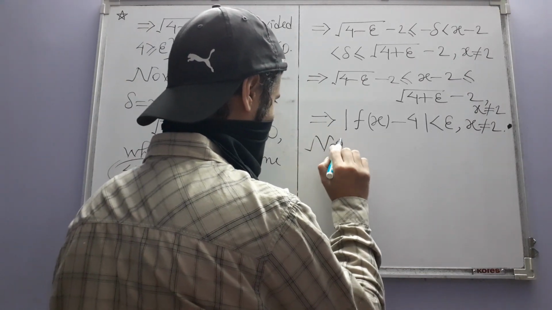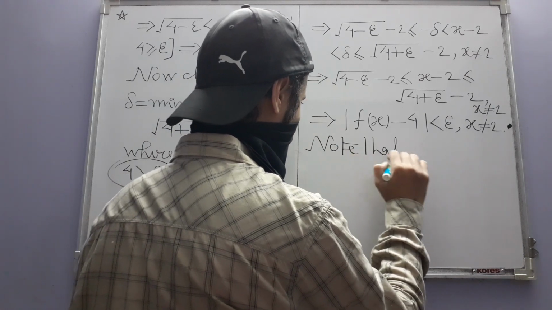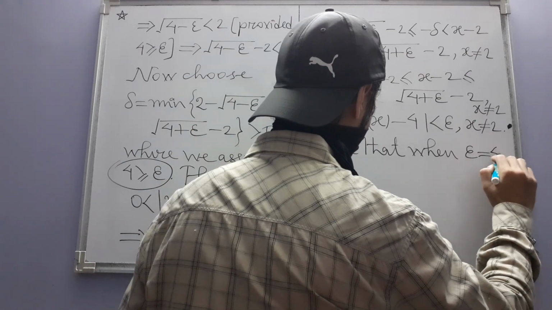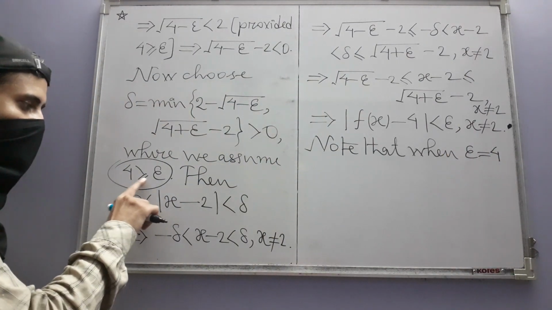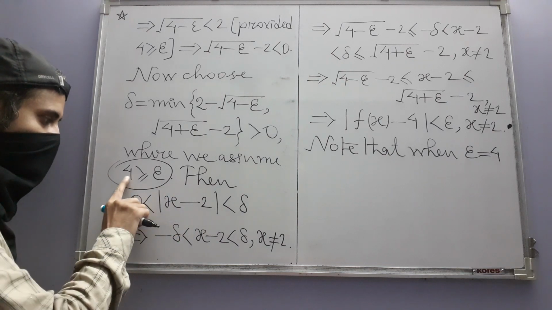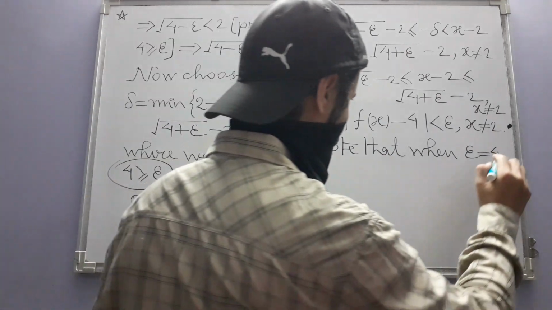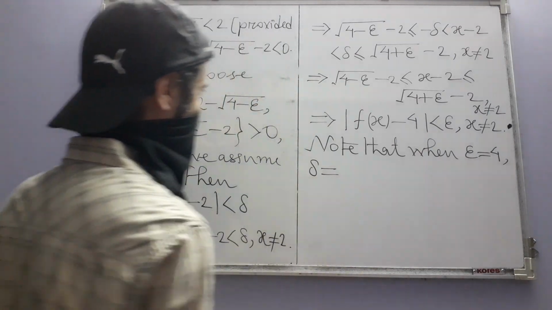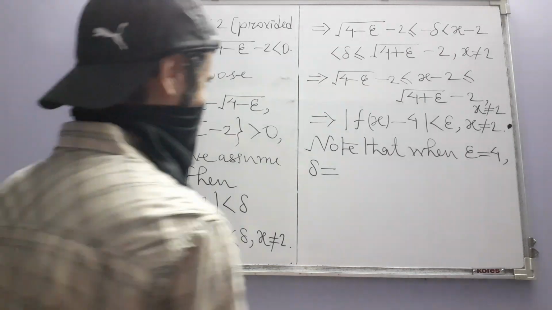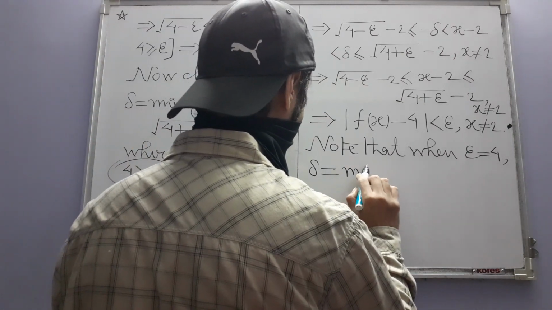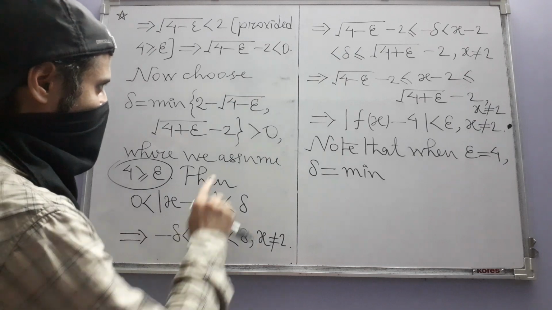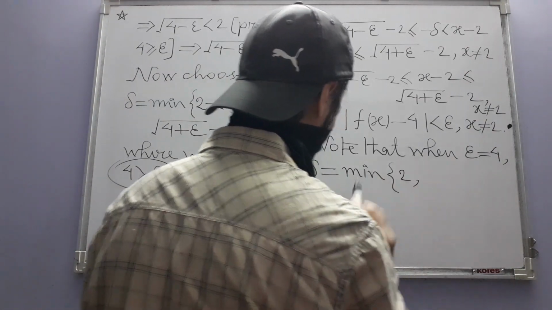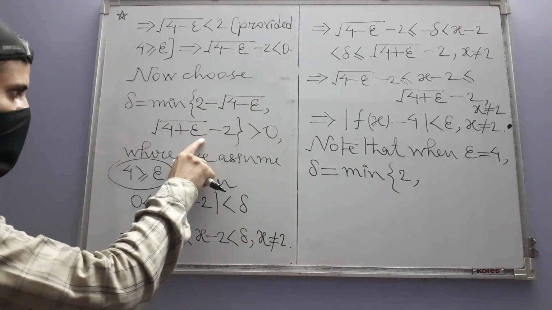Note that when epsilon is equal to 4, that is covered in this condition. Okay, if epsilon is equal to 4, then what is delta? Delta you can see from here, we can calculate. Delta is the minimum of, so this will be 0, that means 2, and what is this?